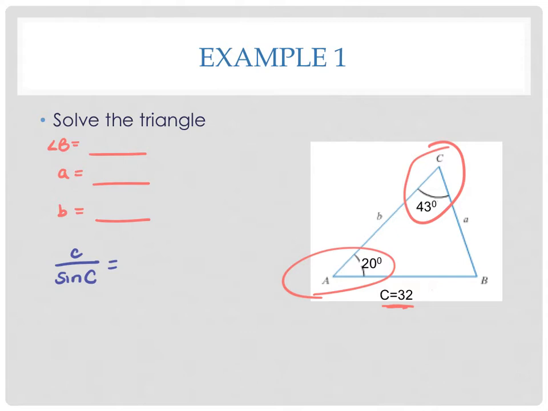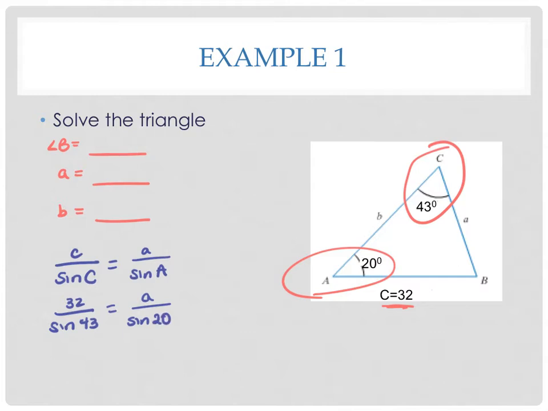Now the other one I have part of the information on is angle A. So I can say side a over the sine of angle A. So I have 3 of these 4 pieces of information. Side c is 32, sine of angle C is 43, equals a, which is what I'm missing, over the sine of angle A, which is 20.